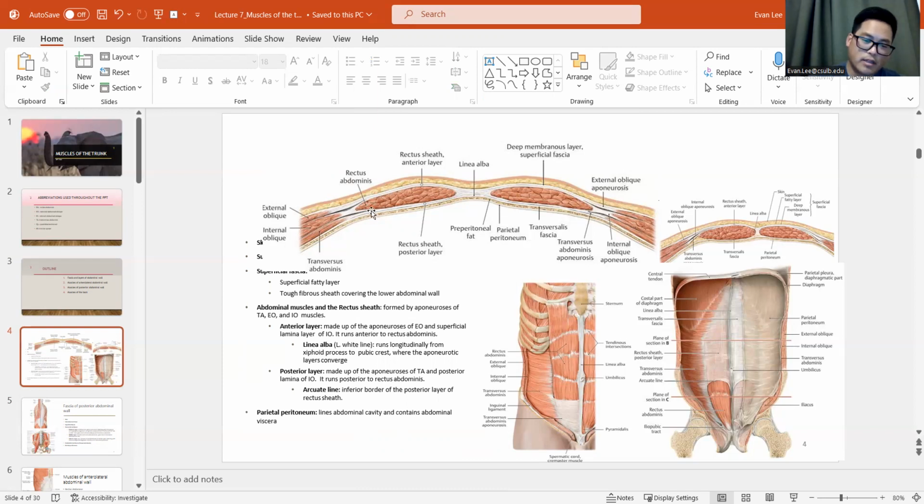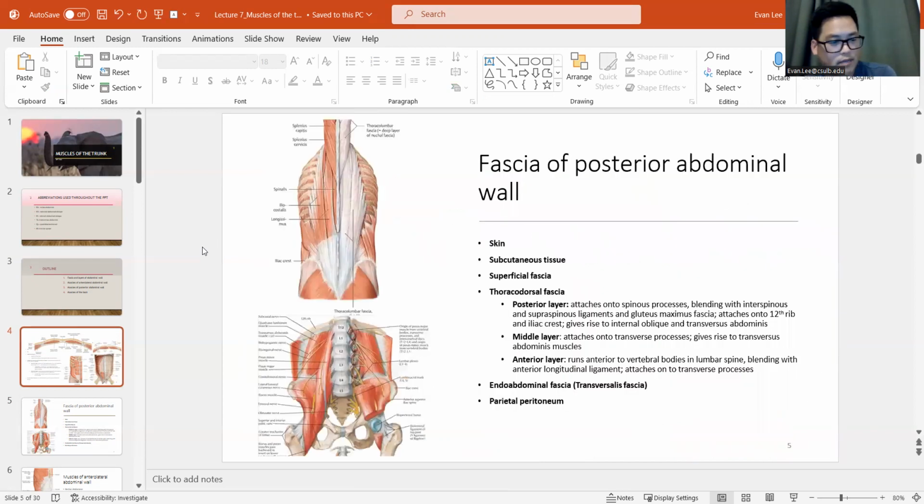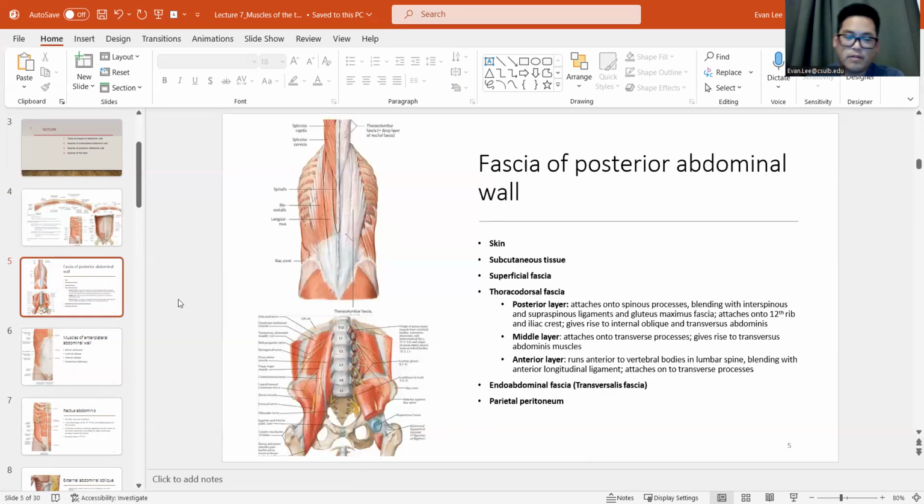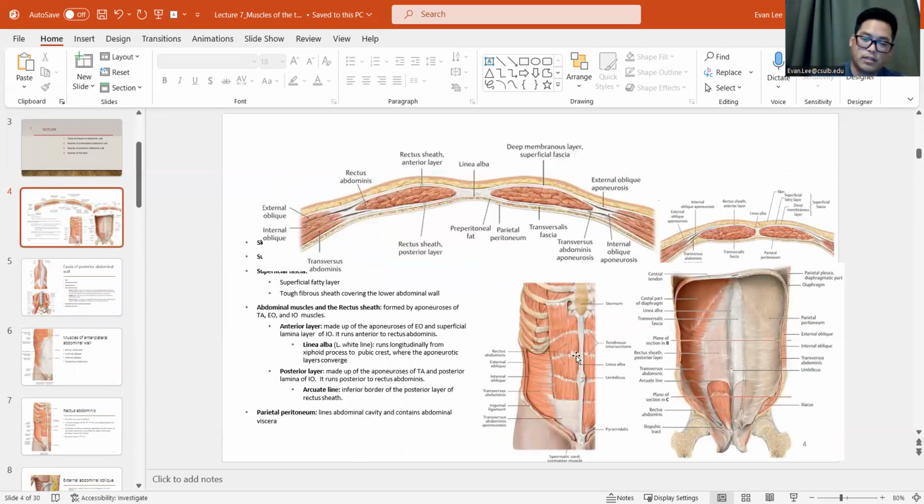But then if you look at the cross section, there are also these parts that go along the outside of the muscle as well. Now, not fully visible, but you can see that this is going to be present covering the rectus abdominis. This is called a rectus sheath. And you have a rectus sheath both on the anterior side, not visible on this one, but on the posterior side, internally as well.